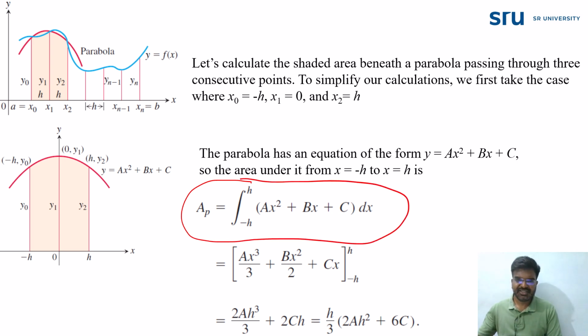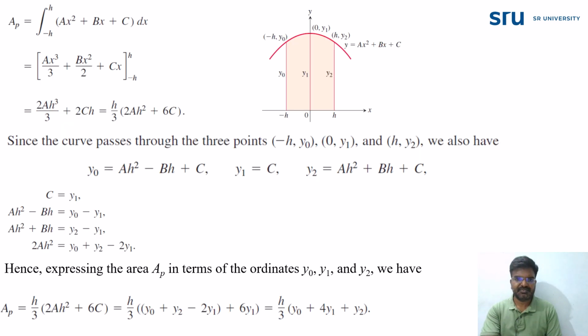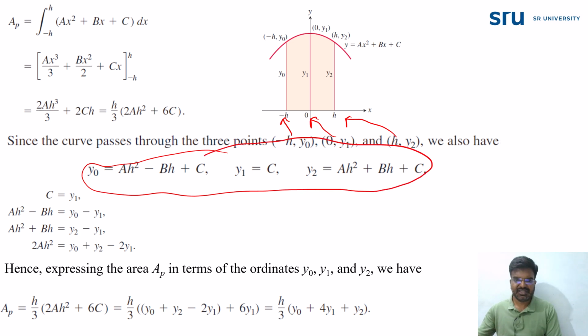See, after integration, this is the result. But I have to write this result in functional values. To write this result in functional values, at every point, this is this one, this is this point, and this is this one. At these 3 points, I'm substituting into the function.